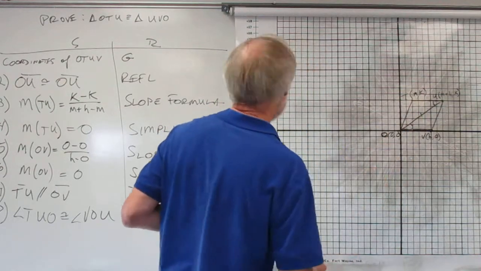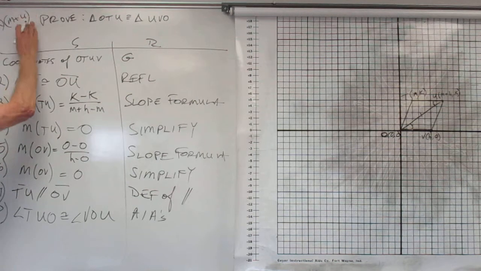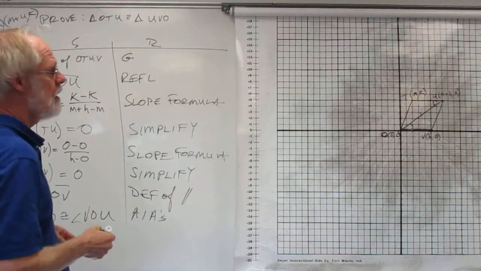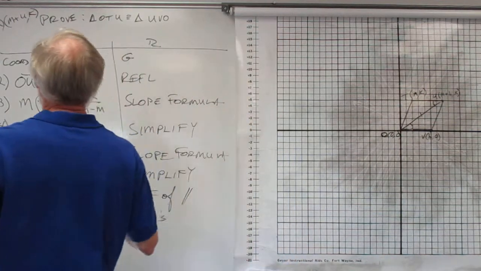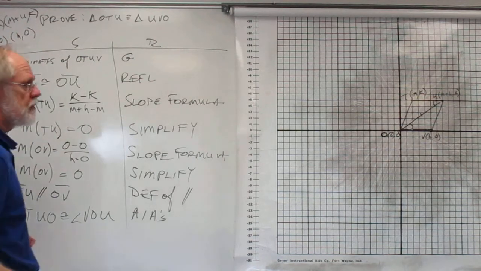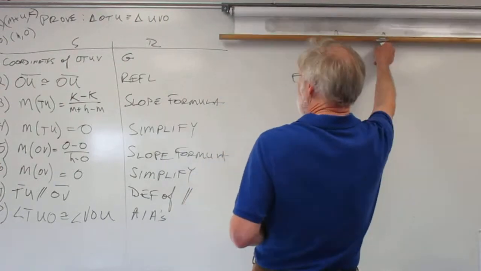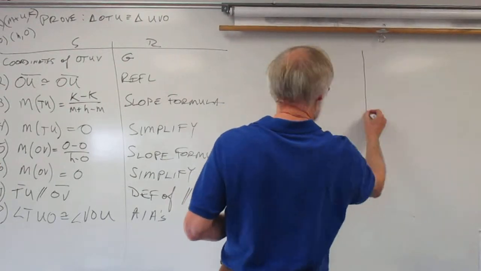We have m, k and m plus h, k for one. And for the other one, I have 0, 0 and h, 0. Now, with those written down, I can take this away for a minute, and we can continue our proof over here.